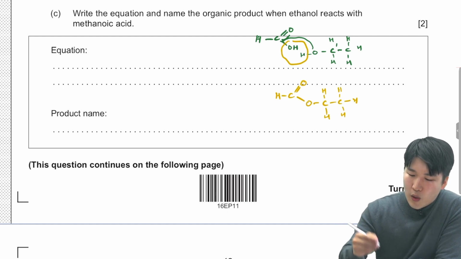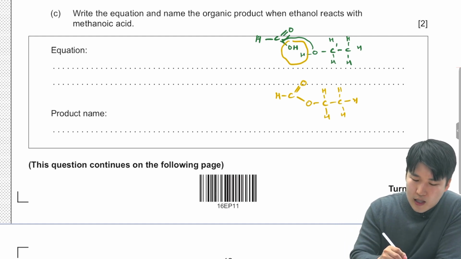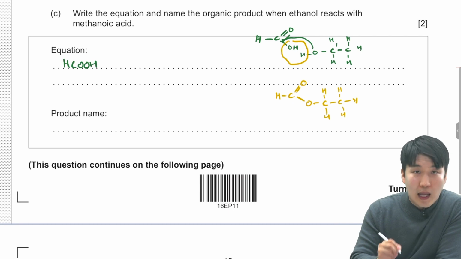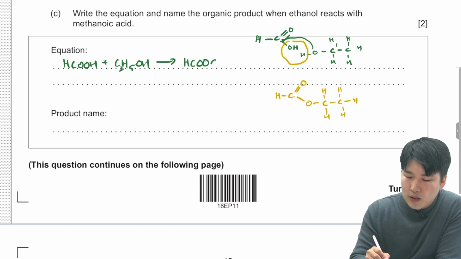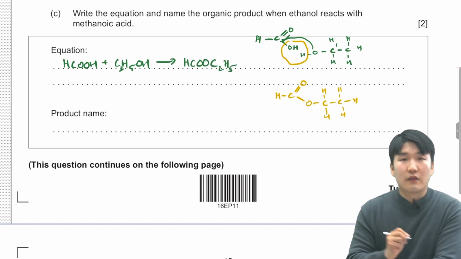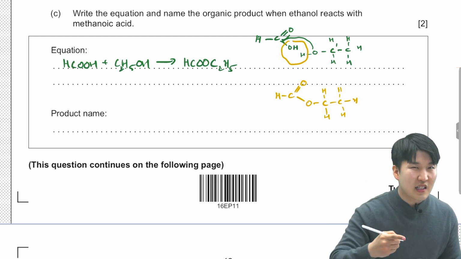In terms of the equation, you want to write HCOOH plus C2H5OH turning into HCOOC2H5. And is this the end?